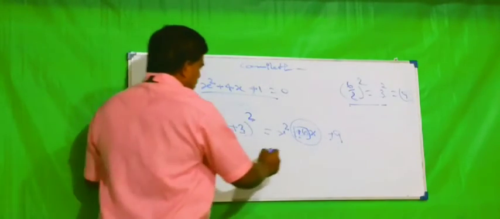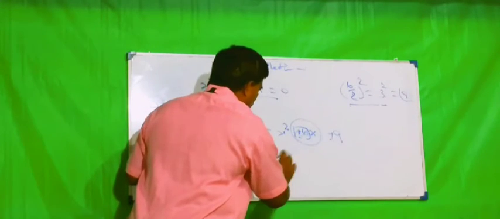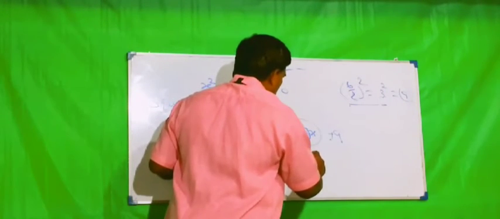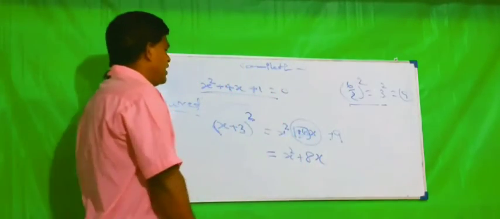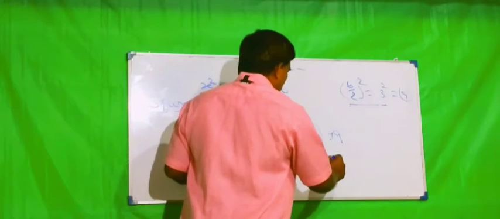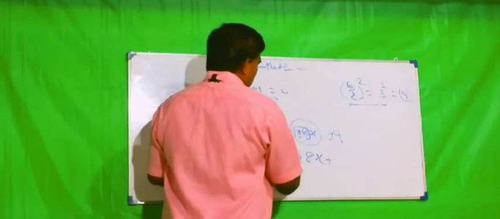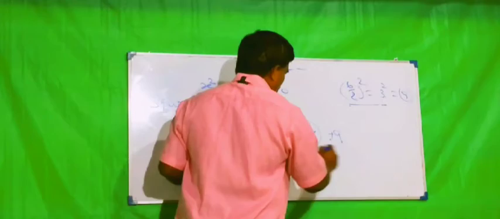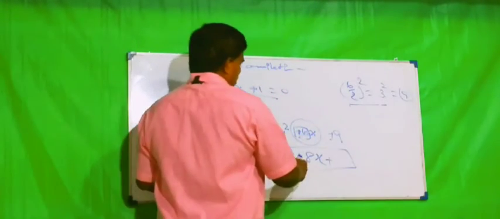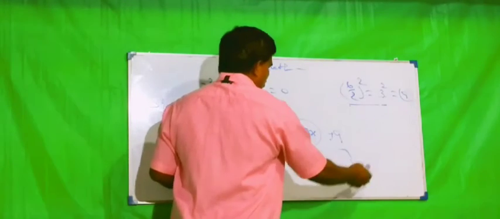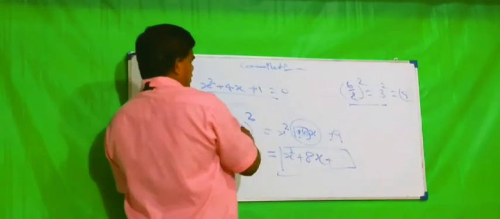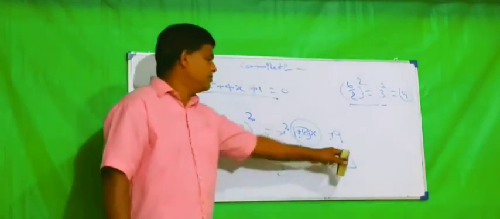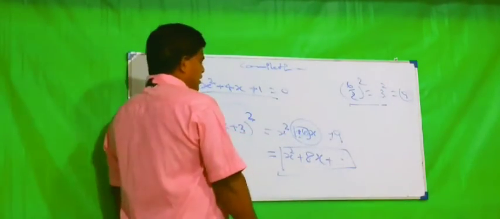Let me give another expansion in this form: x squared plus 8x plus a last term. So as to make the three terms a completed square, if the right side is the expansion of a completed square like the above, what should be the last term? It is decided according to the previous method.